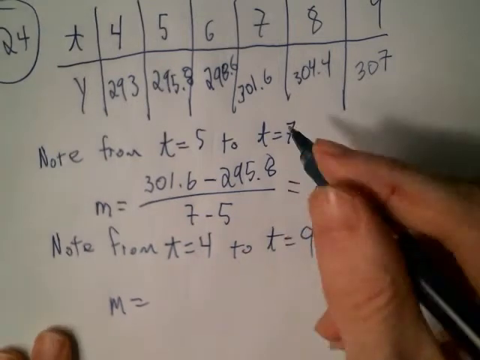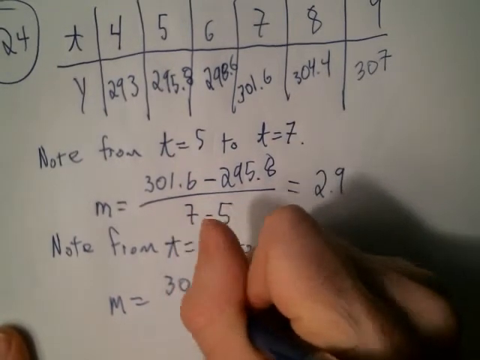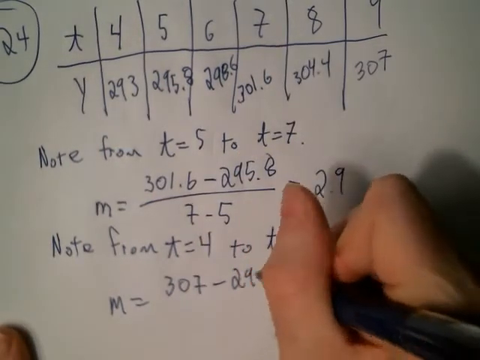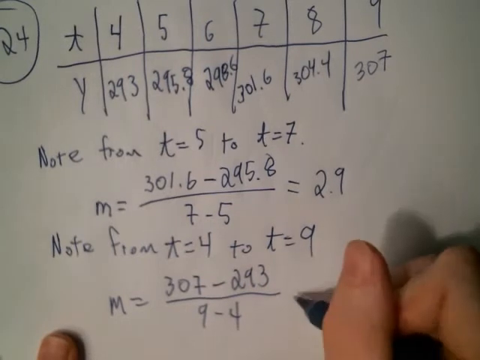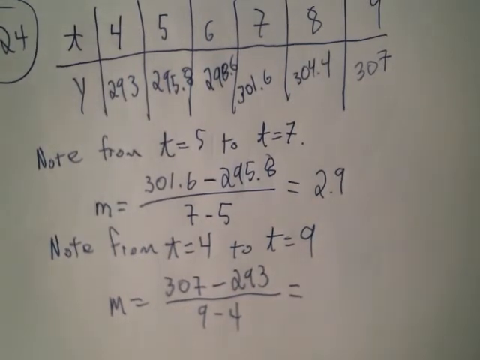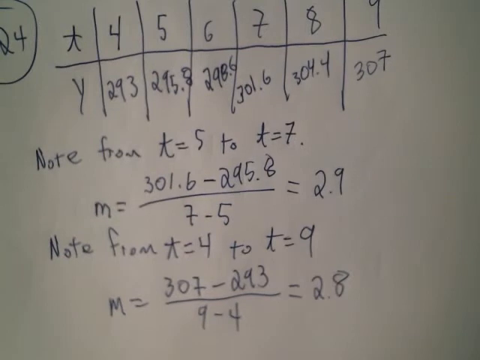So again, we're taking these points, first 307, and subtracting away the 293, and then that's all over 9 minus 4. Okay, I'll go to my calculator. It's 2.8 this time. So you see it's different for different pairs of points.